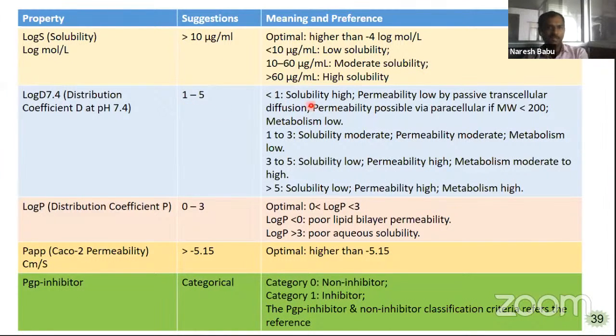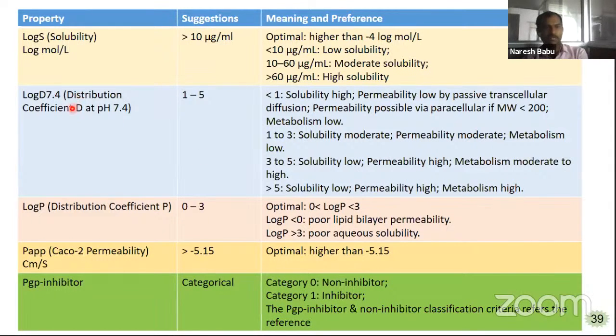Less than 1 means high solubility and low permeability by passive transcellular diffusion, and permeability is possible via the paracellular route if molecular weight is less than 200 and metabolism is low. If the drug molecule has 1 to 3, solubility is moderate; 3 to 5, solubility is low; and greater than 5, solubility is completely low, and permeability is high and metabolism also high.